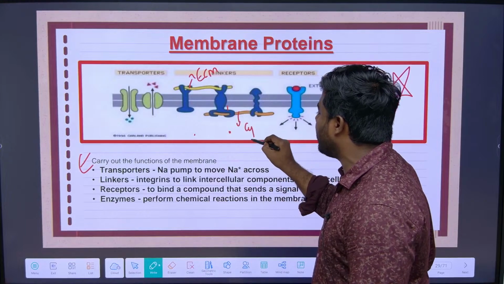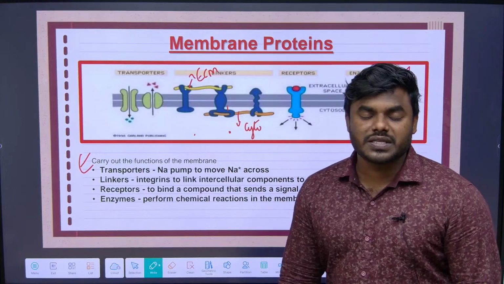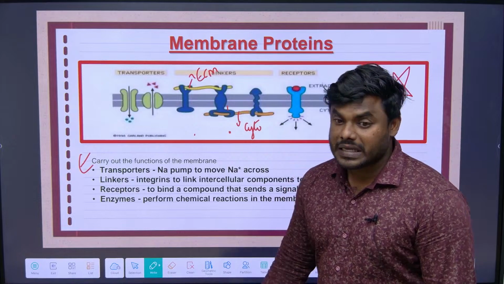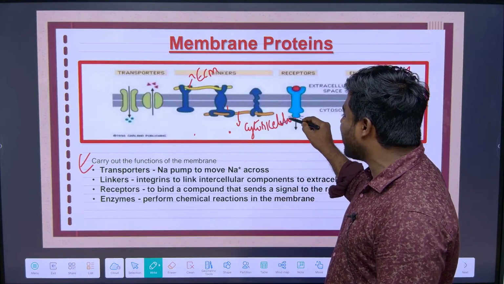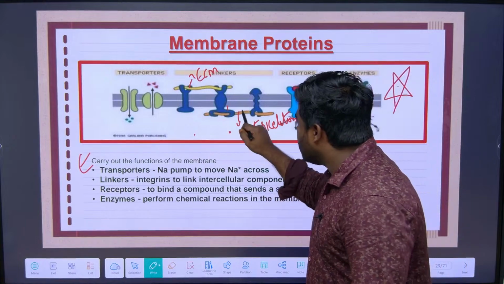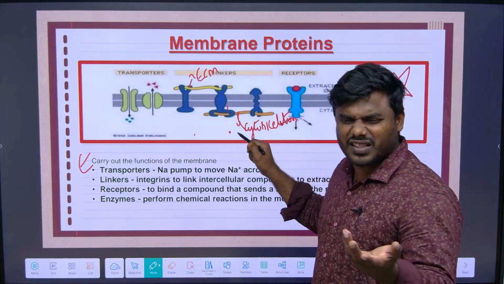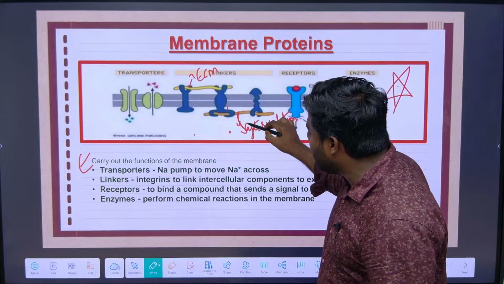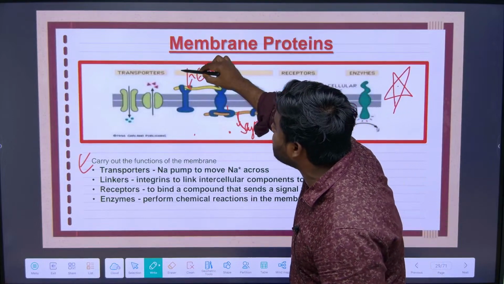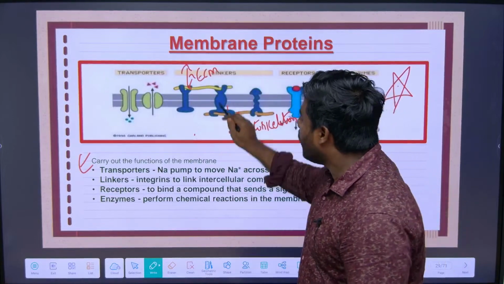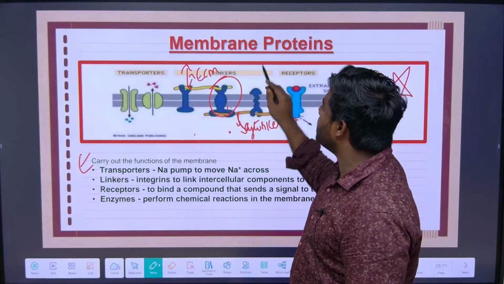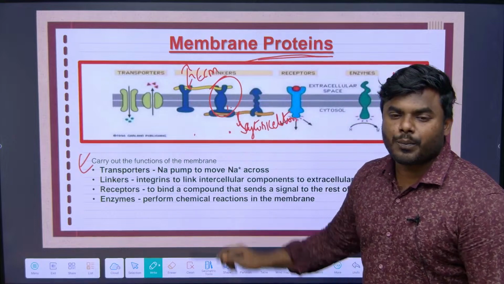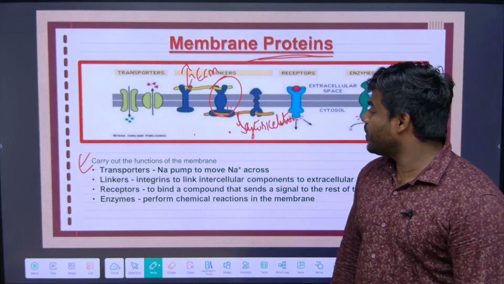This is a cytoskeletal protein. The cytoskeleton contains microtubules and actin filaments. So the intracellular environment is connected to the extracellular environment via linker molecules. The linker molecules are also chemically protein in nature. No need to confuse.